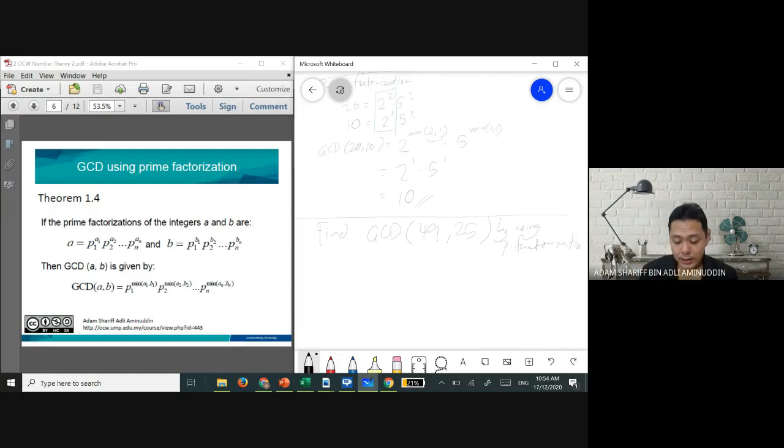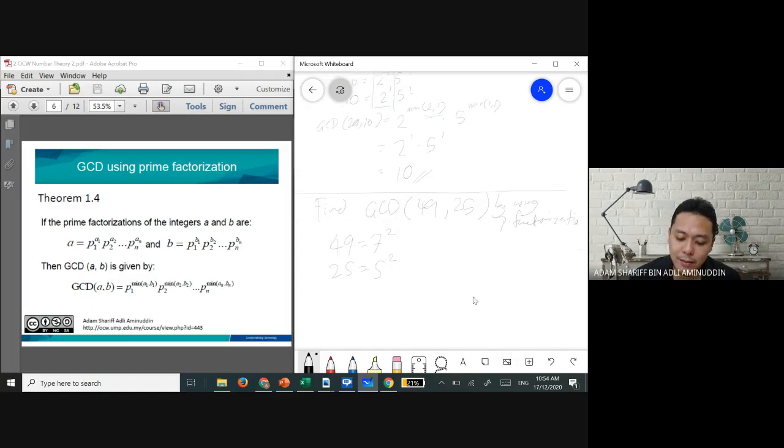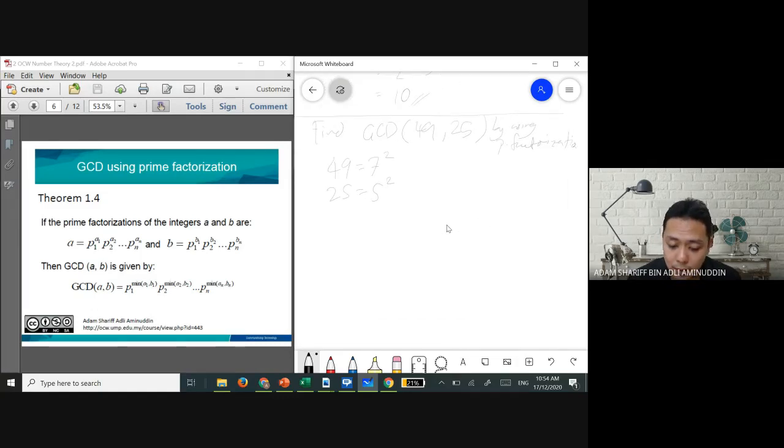Okay, this one you will answer 49 equals to 7 to the power of 2 and 25 is 5 to the power of 2. Right now, if you want to collect this together, GCD between 49 and 25, you will have a little bit problem to establish the powers.